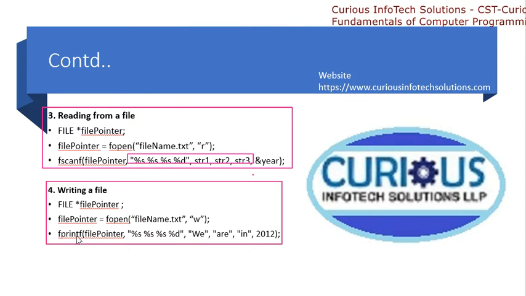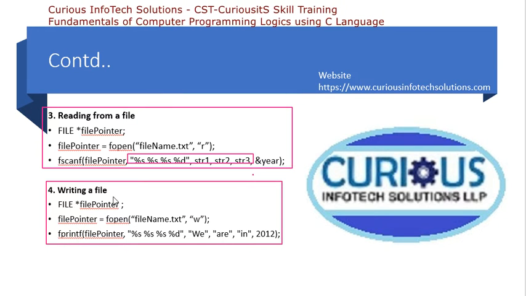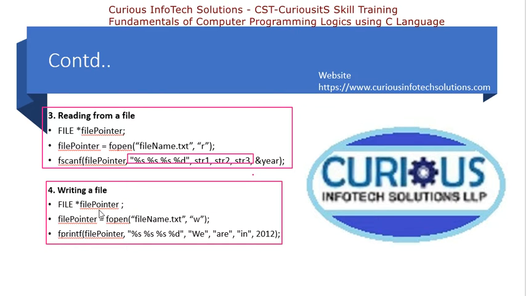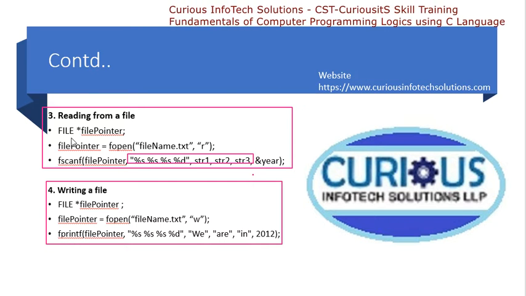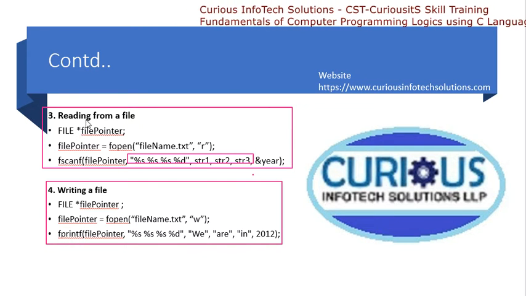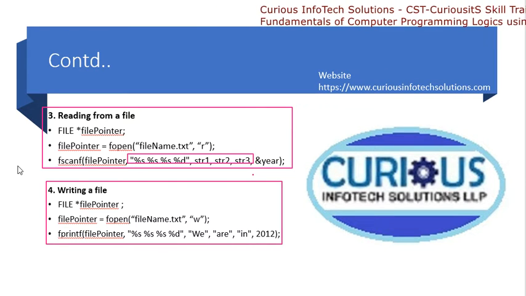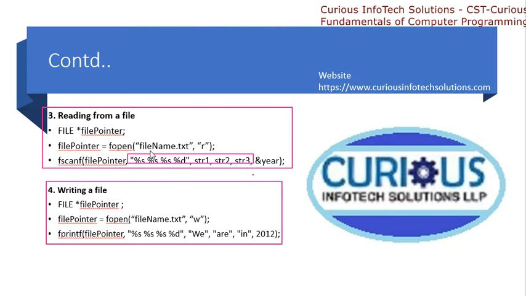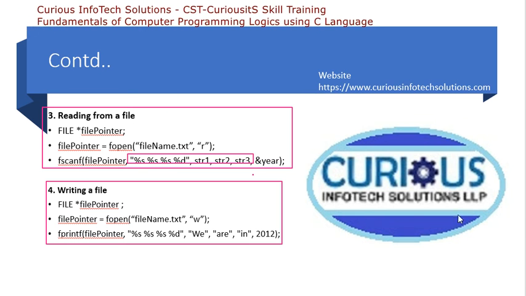Writing to a file is just the opposite of this screen concept. On a screen we are able to see the output, but in a file we cannot see it. Reading is the opposite: from the keyboard we cannot see the values, but whenever we read from a file, we get the idea of what type of values are there.